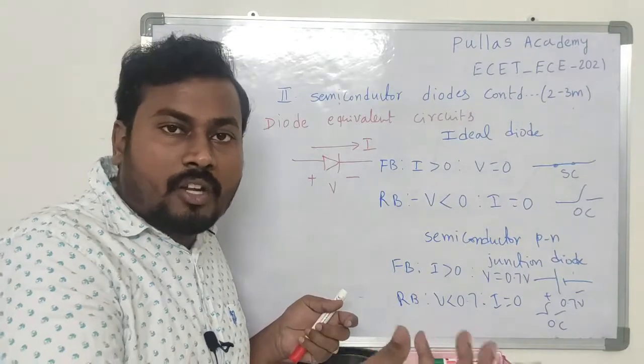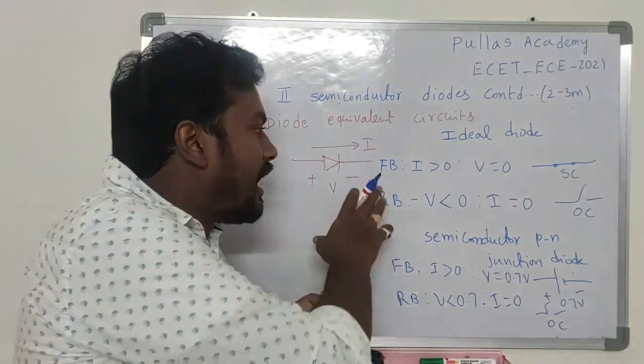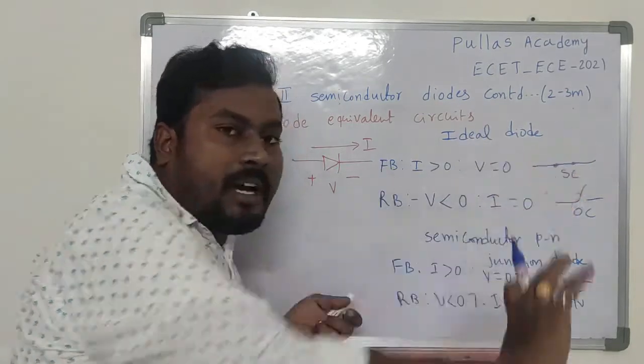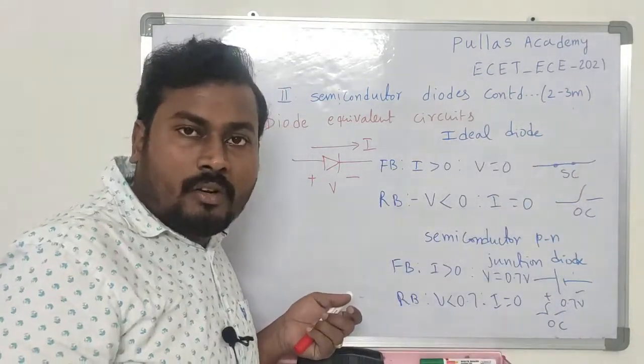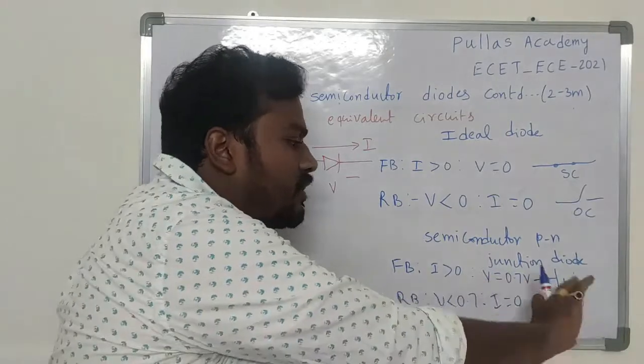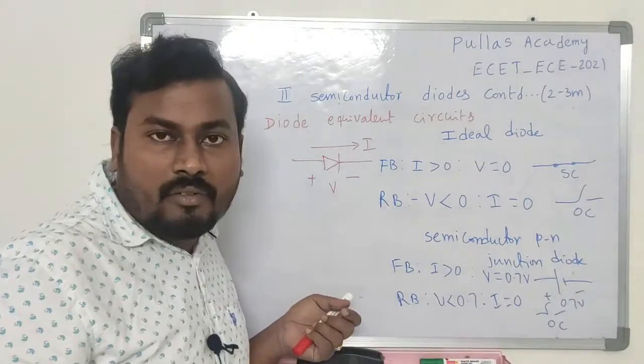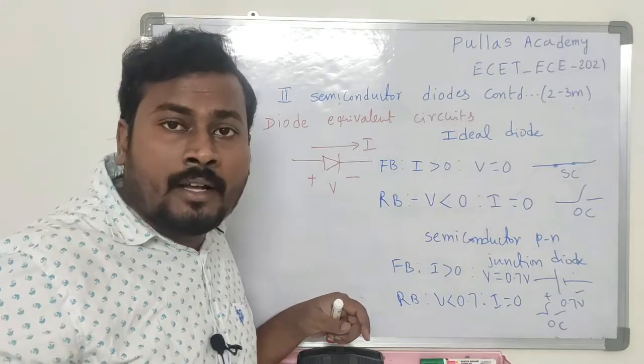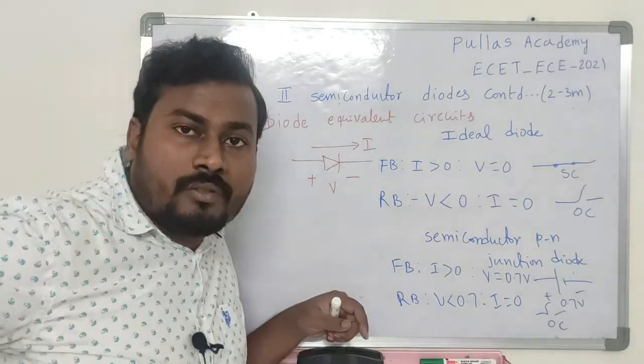Okay, so for any circuit, if the diode is forward biased and if it is an ideal diode, it should be replaced by a short circuit. If it is a practical diode, it should be replaced with 0.7 volts. Now I will tell you a trick to solve these diode circuits.